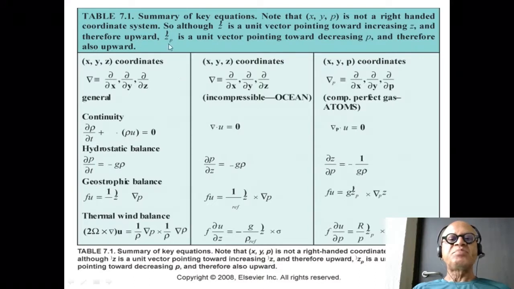So ZP here is the unit vector pointing towards decreasing P. So that's something you have to carry in your head, that the Z unit vector is pointing in the direction of increasing Z, but ZP is in the direction of decreasing P. That has some consequences, right?